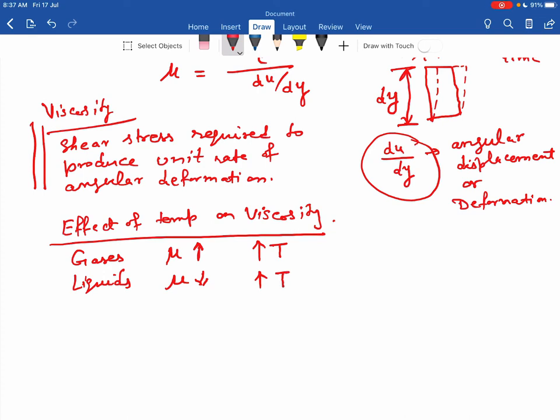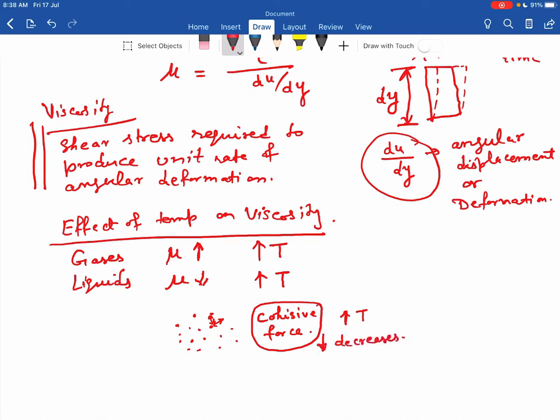So why does this happen? In the case of liquids, we have different molecules within the liquid, and between these molecules there is some force of attraction, that we call cohesive force. When we increase the temperature, this cohesive force, the force of attraction between the molecules, decreases. Due to that, mu decreases, viscosity decreases. That is the reason behind the decrease in viscosity with increase in temperature in liquids.